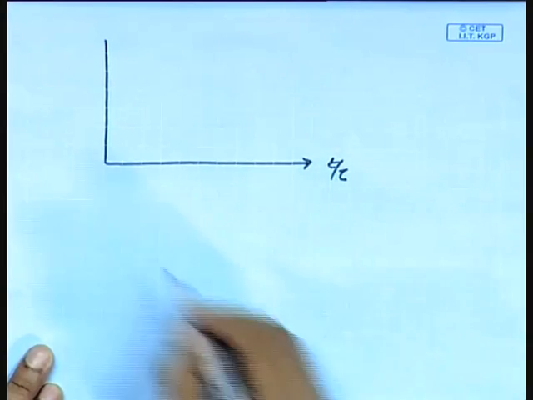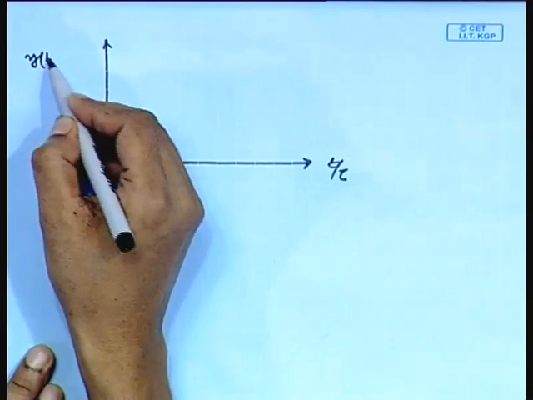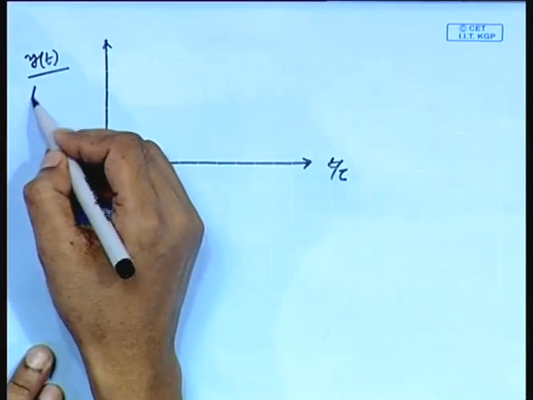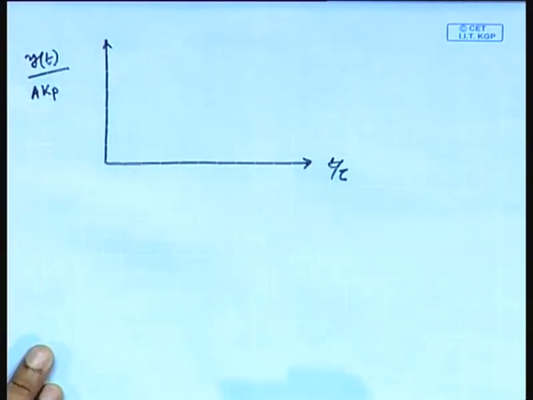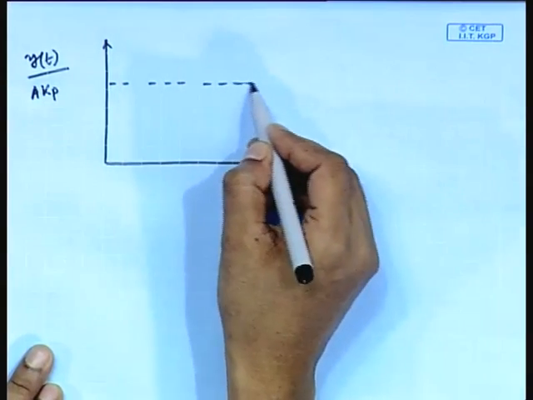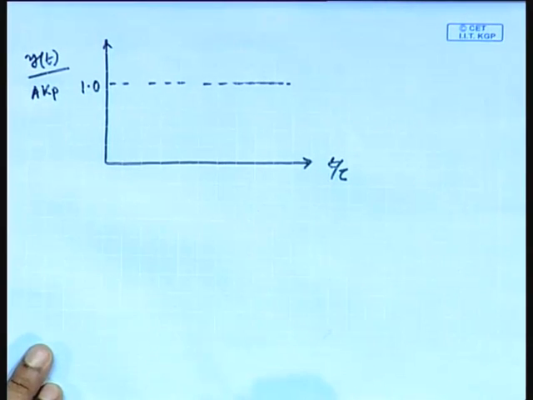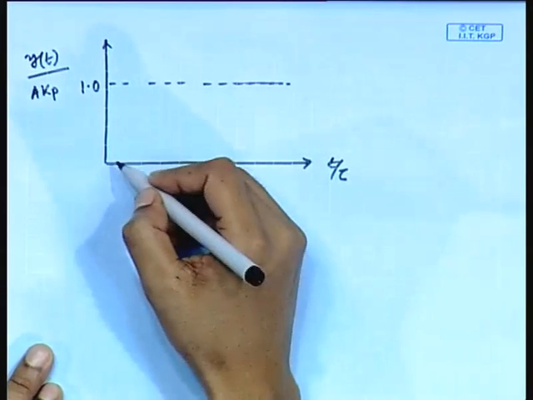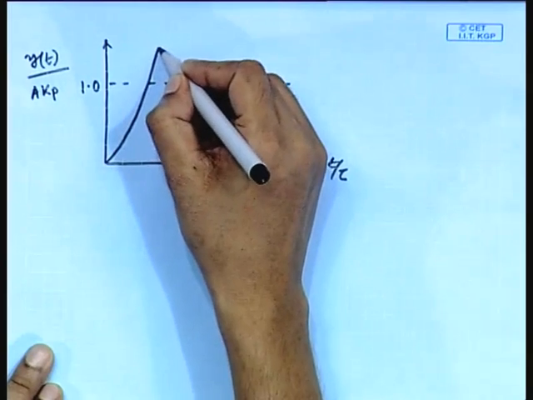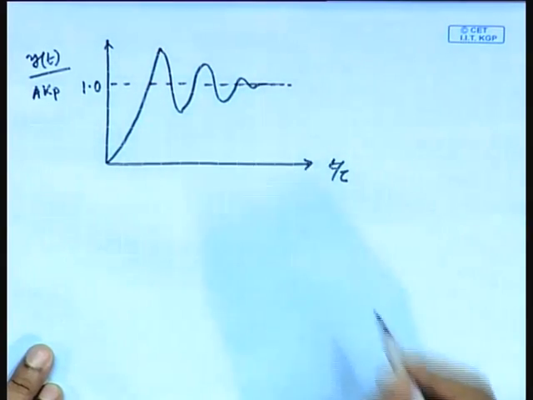Here the axis is t by tau, and in this direction we are considering y(t) divided by a Kp. Suppose the final steady state value is 1. So, the output is like this.